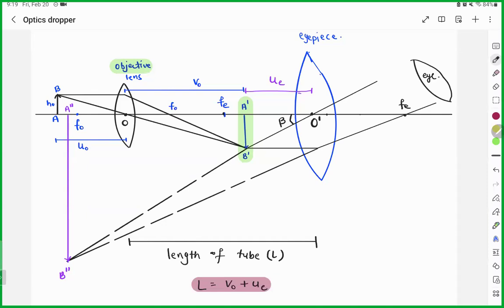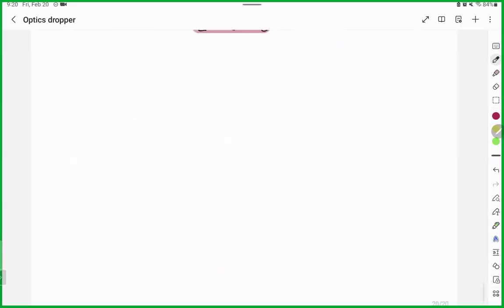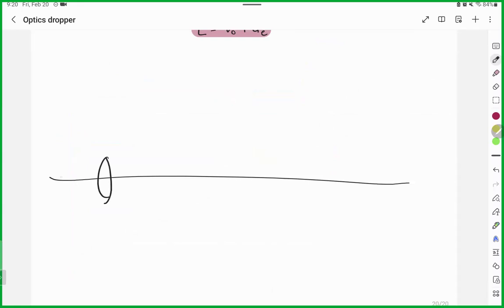Don't draw art, just draw simple lines. Do it like this, okay? You have a long line here, the lens.